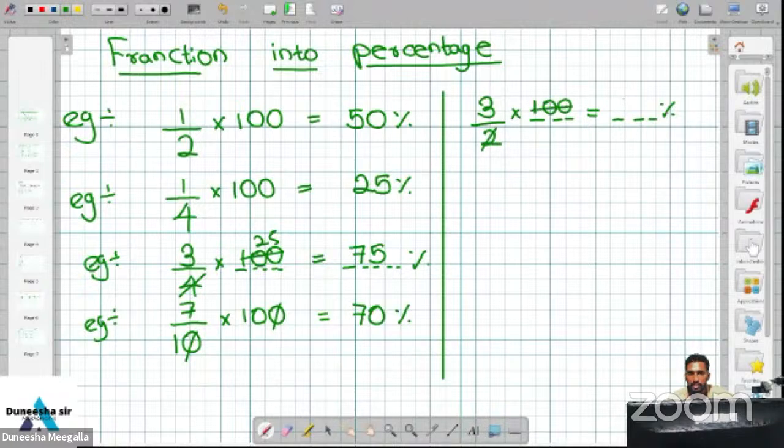How do we get it? 100 divided by 2 is 50. 50 multiplied by 3 is 150. Okay. Can you do this one now? I am giving a few more examples and you send the answers to the chat box. Okay.